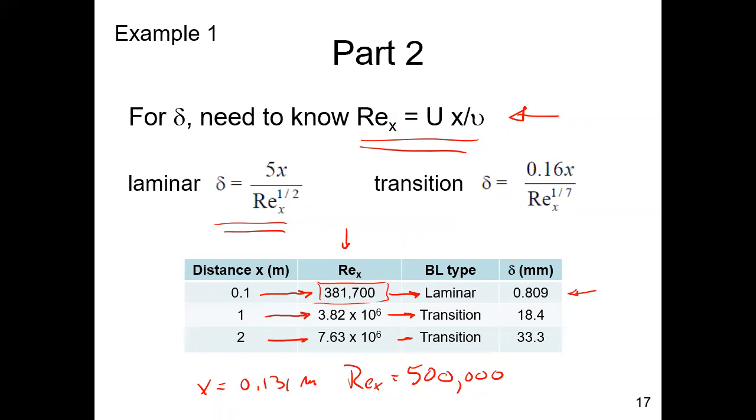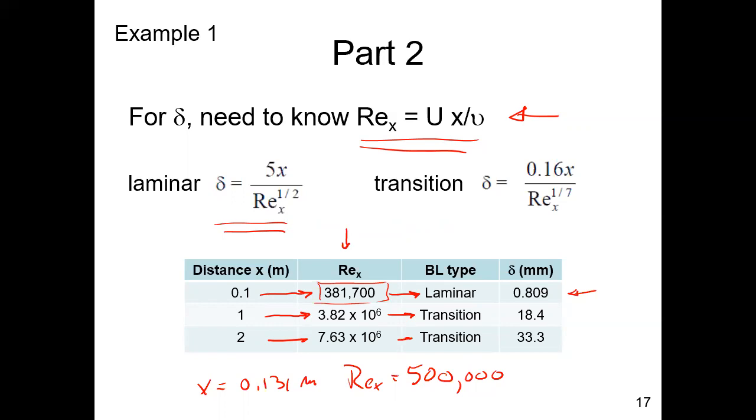At the other two locations, at x equal to 1 meter and x equal to 2 meters, we have a transitional boundary layer. If you go to your handout again on page 6, these equations for the thickness of the boundary layer are organized by laminar, transition, turbulent.